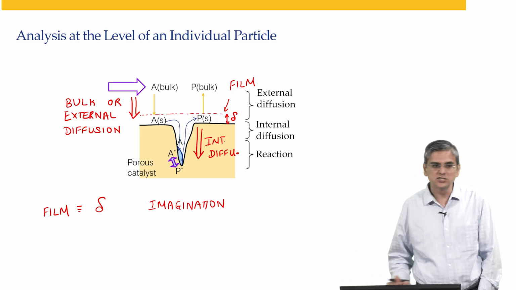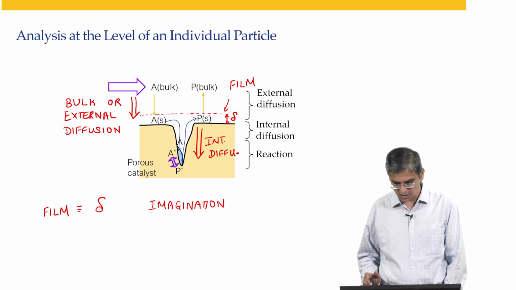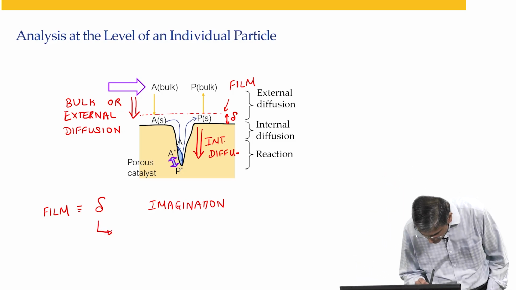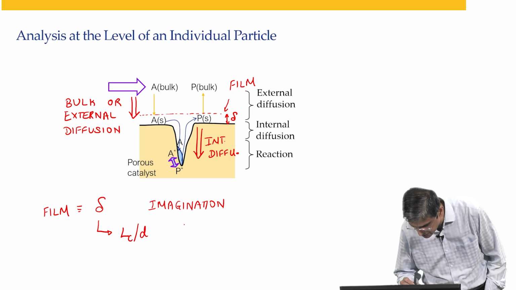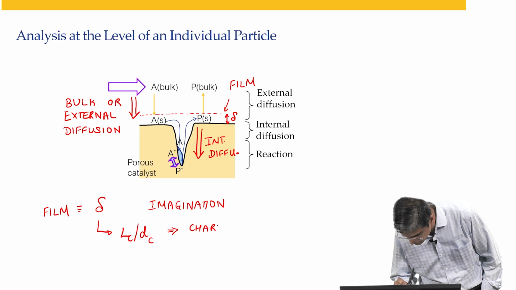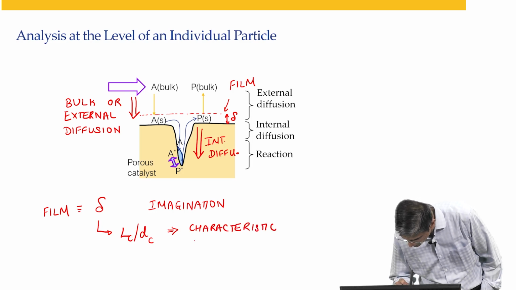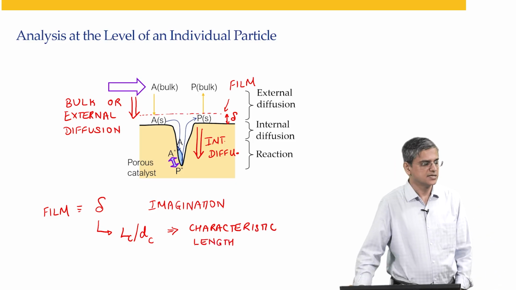But because this delta is something that you cannot measure, we will replace this delta with some kind of L or D or LC or DC, which is called a characteristic length.